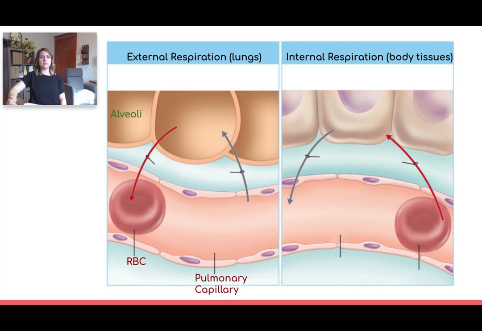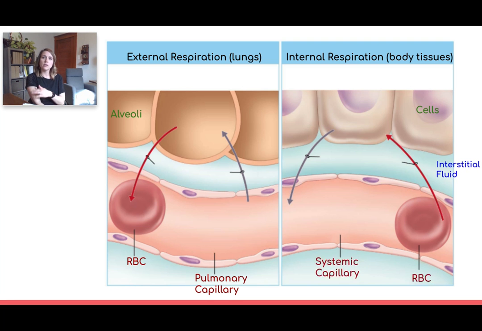Just to give you some labels to get oriented: the air sacs, the brown stuff on the top, are the alveoli. We've got red blood cells in our pulmonary capillaries, the capillaries in my lungs surrounding those alveoli that we just saw a picture of. Then for internal respiration, down at the body tissues, here are some landmarks.